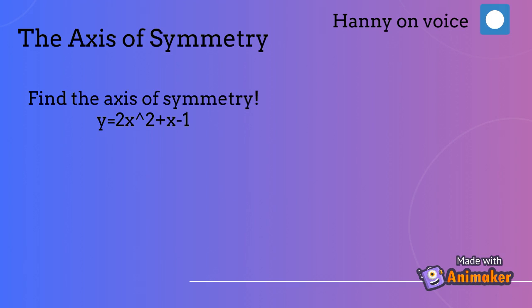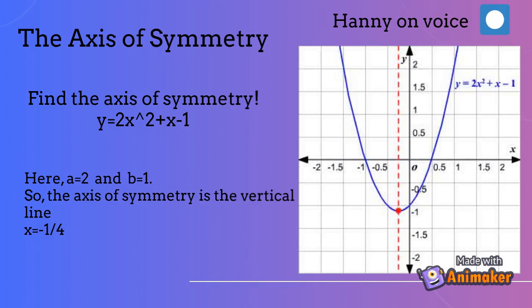Let me show you an example. Here I have a sample to find the axis of symmetry of the equation y equals 2x squared plus x minus 1. Now we have to determine that the equation has a equals 2 and b equals 1.